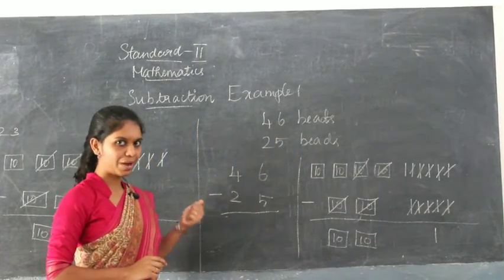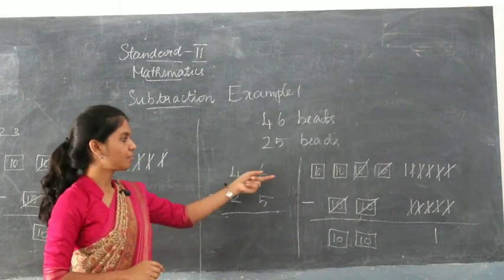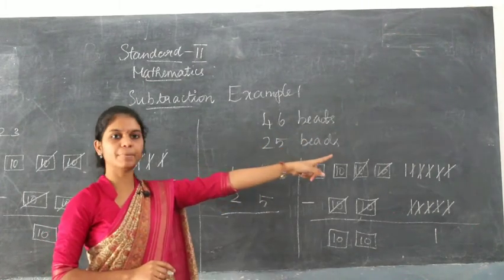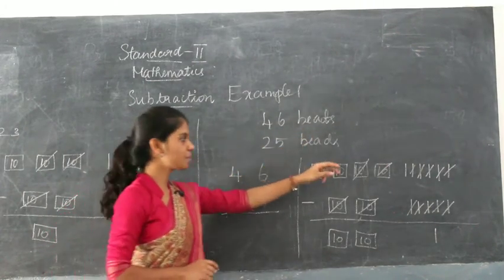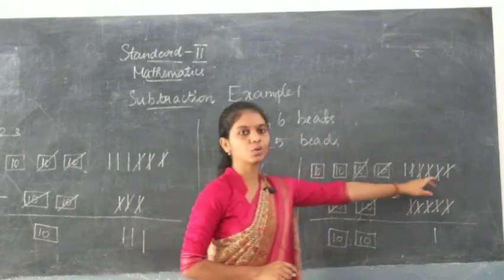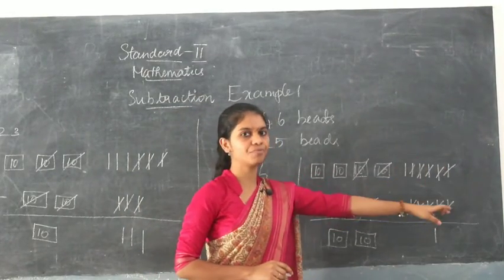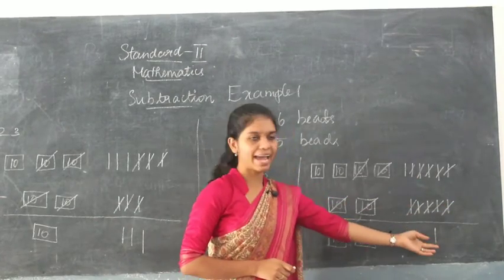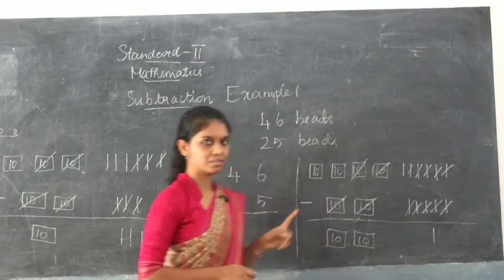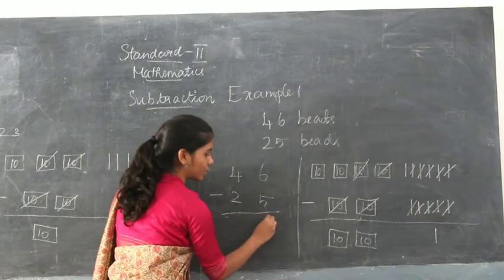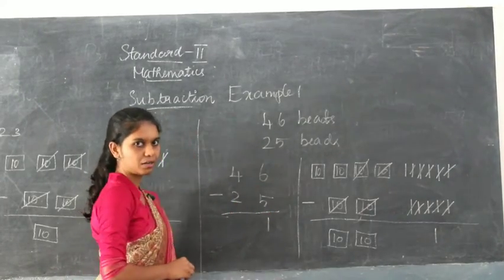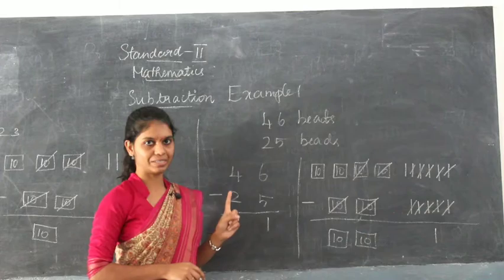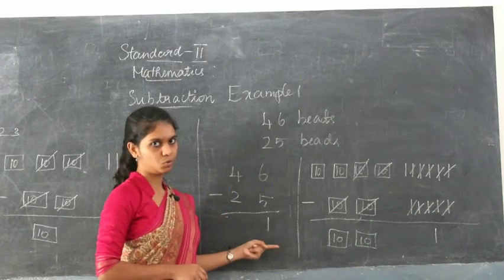So for the answer you have to write here, see, first you started with the number in the units place, which is 6 and 5. Here you have 6 ones and here 5 ones. When you cancelled, you got the answer as only 1 one. So you should write 1 in the units place.